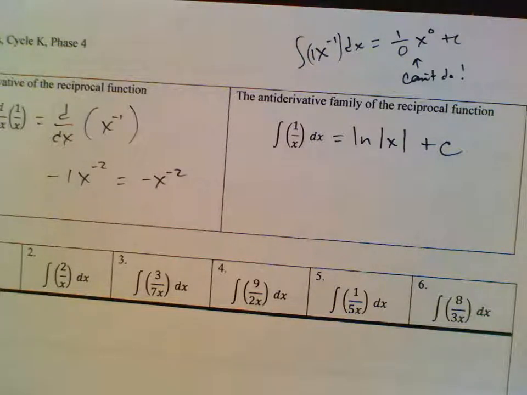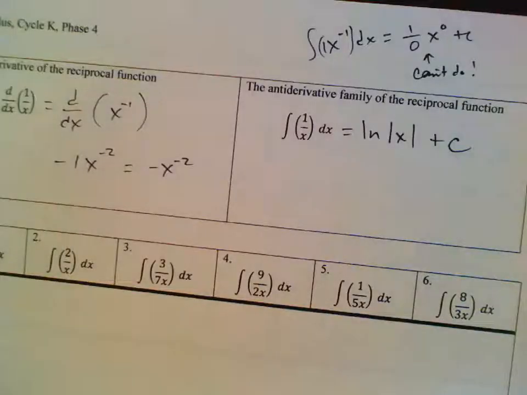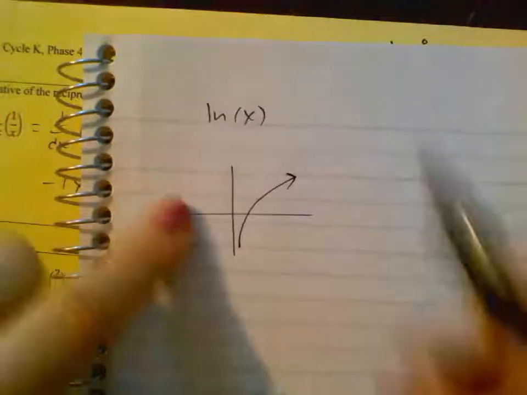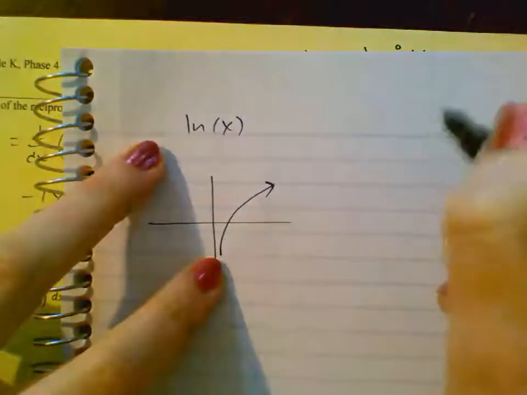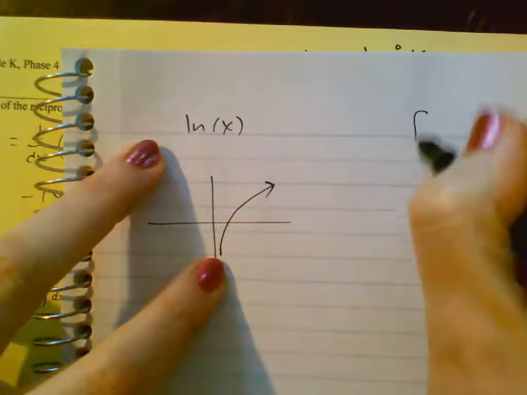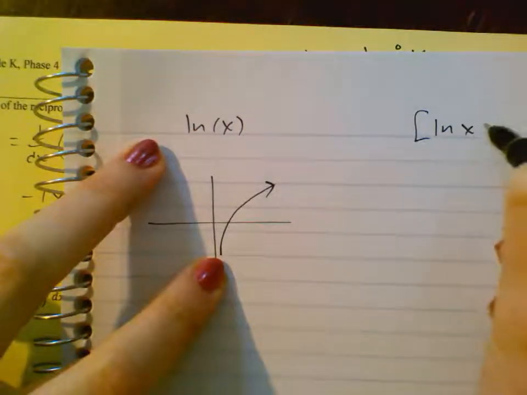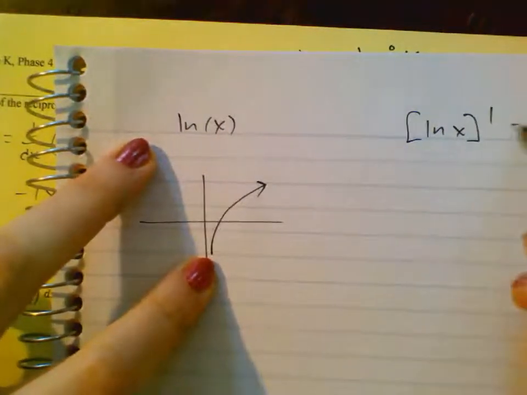So basically, guys, this is the natural log of x. And then when you take its derivative, you end up with 1 over x.